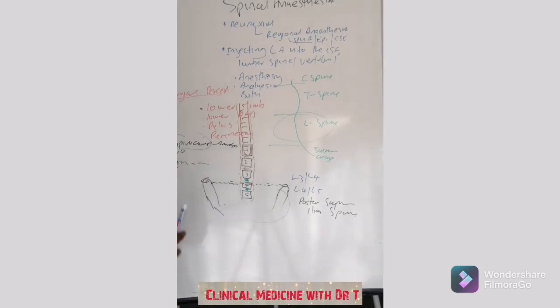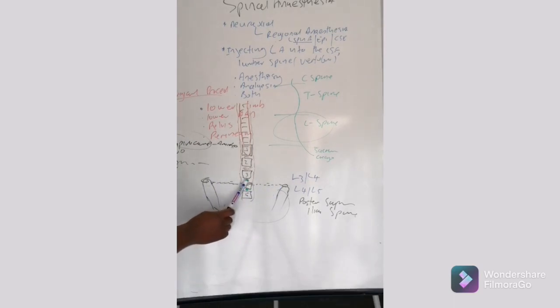The reason is that at the lower border of L1, that's where the spinal cord actually terminates. You don't want to fiddle up there because you will injure the spinal cord. So you want to be lower down. You use your posterior superior iliac spine to locate your L4, and you know that above that line you can go, and just below that line you can still go.